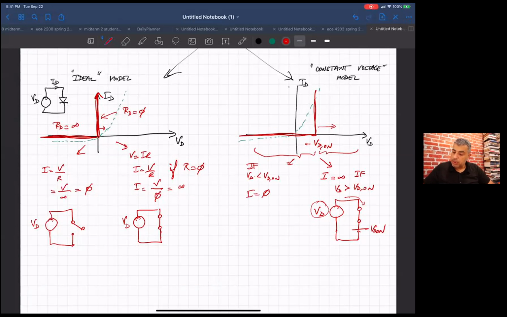And by the way, this should be greater than or equal to VD on. And same here, if V sub D is less than that, I is 0. And then again, you would end up with an open switch with a battery.